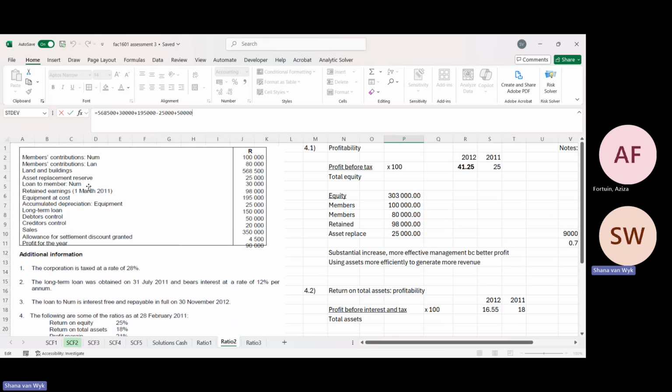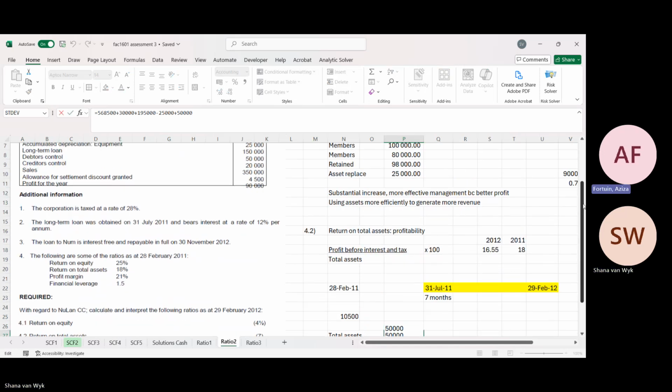Loan to member. Shoot, the corporate loan to member should be... Let me see your calculation quickly. Is the loan to member an asset?